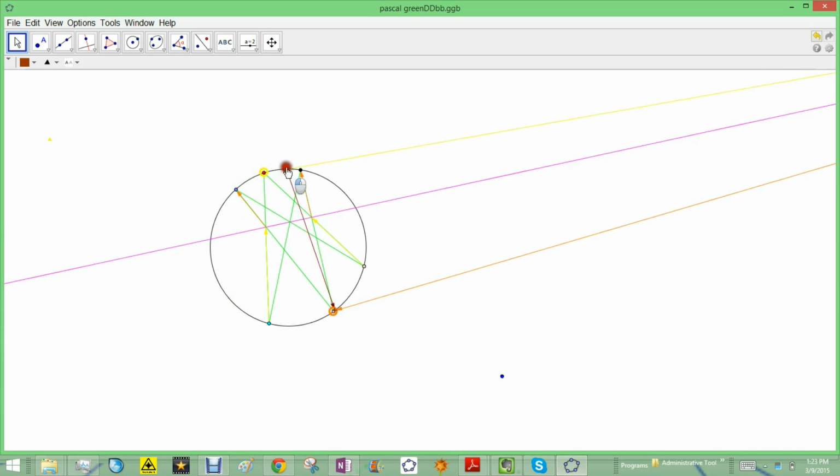And so we see that, of course, these places where this intermediate line crosses the circle are going to be the fixed points of this projection. And also it's interesting to note that the orange point gets projected to the yellow point, and if we look at the yellow point, we see that the projection seems to go off to infinity. And I think if this program was working properly, this would also send us back to the orange point.